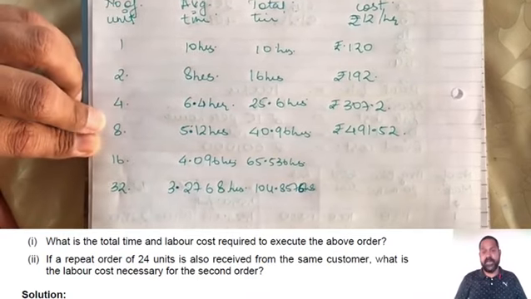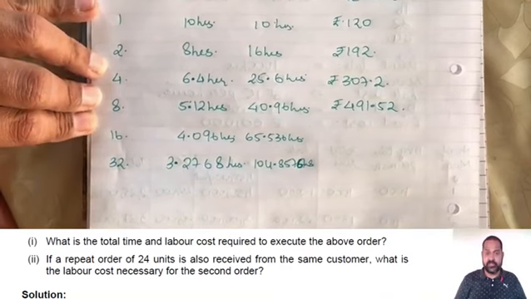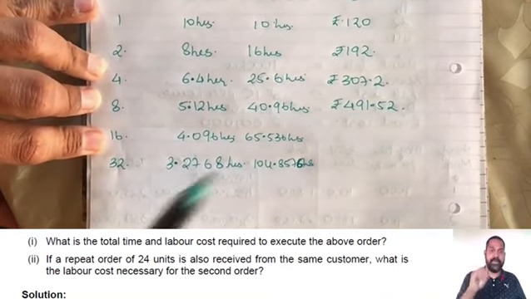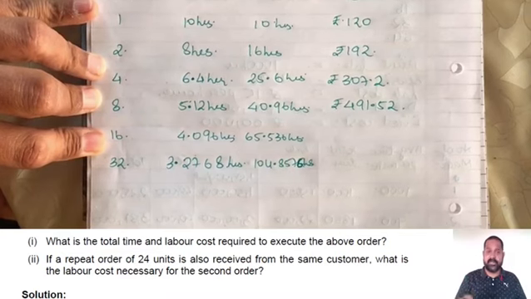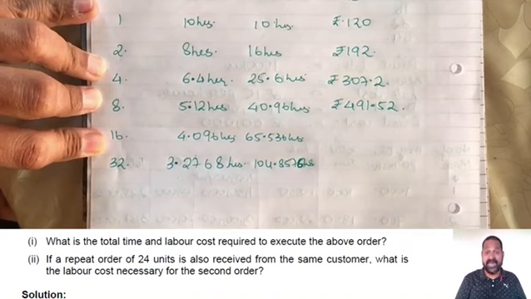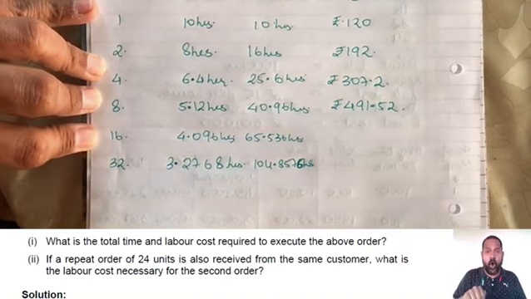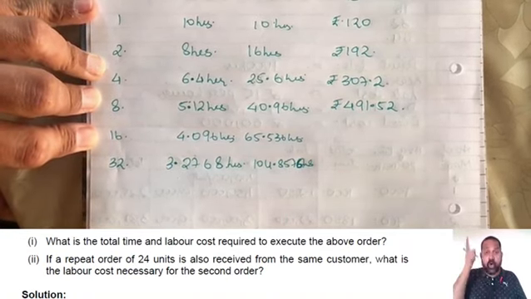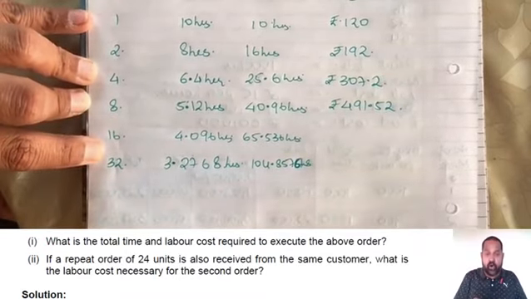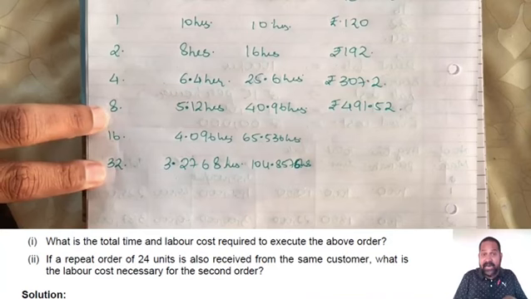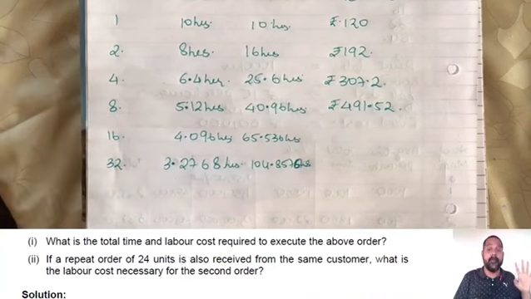Now the next thing is very important. They have asked you, read the question properly. If a repeat order of 24 units is received from the same customer, what is the labor cost of the necessary second order? They are not asking you the cost of all the 32 units. They are asking you the cost of these incremental 24 units that you made.